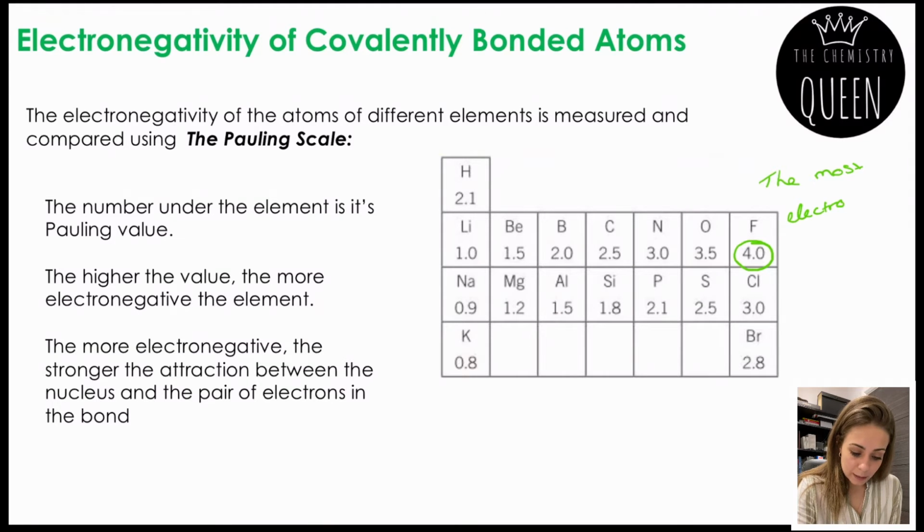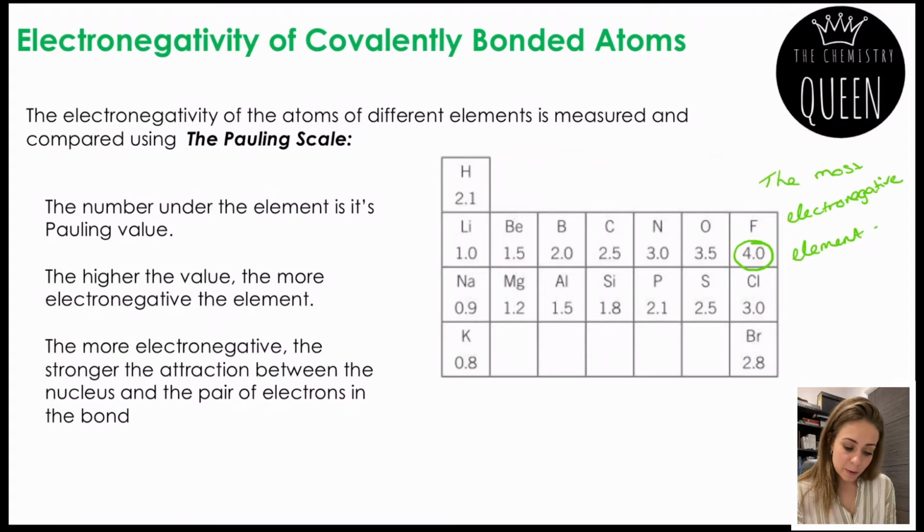What does that mean? That means that fluorine's ability to attract the shared pair of electrons in the covalent bond is stronger than any other atom of any other element.